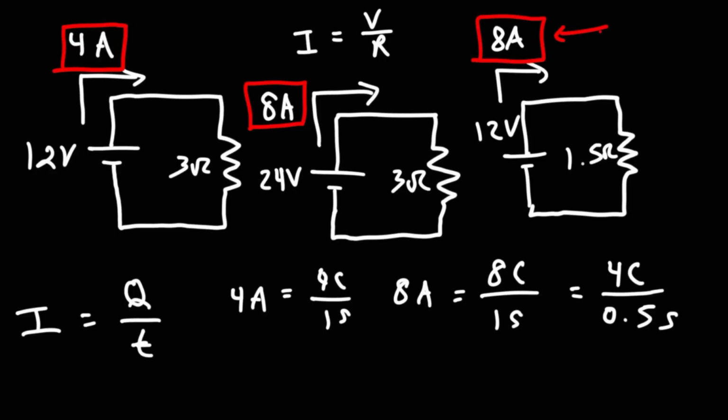Now, increasing the current this way by reducing the resistance, what's happening here? Do we have the same number of electrons flowing at twice the speed, or do we have twice the number of electrons flowing at the same speed, or is it a combination of both?